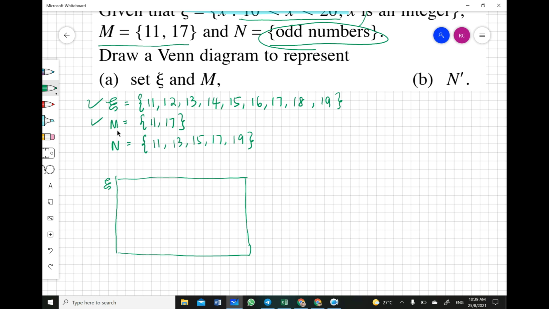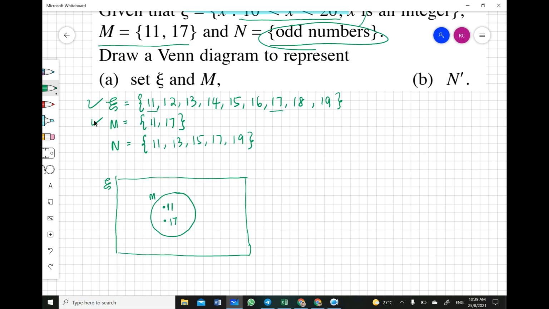Now we are going to draw set M. Just draw a circle, indicate the M at the corner, and label 11 and 17 using dots because they are the elements.